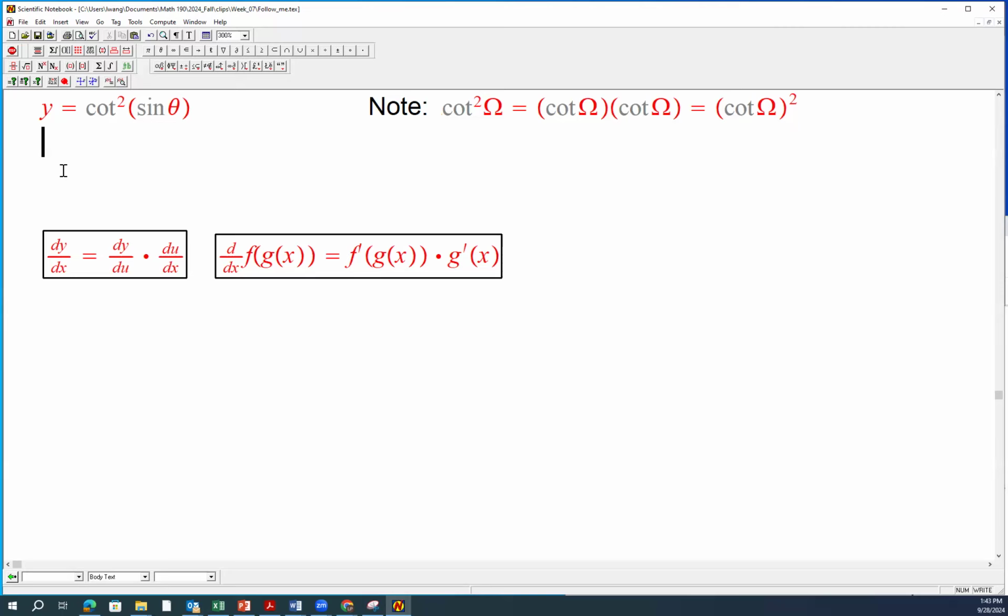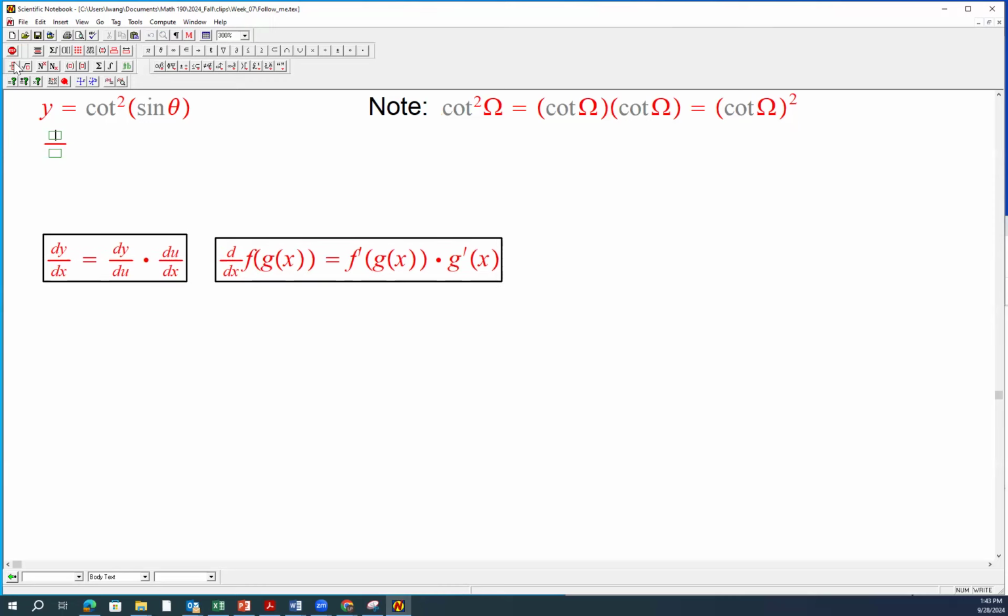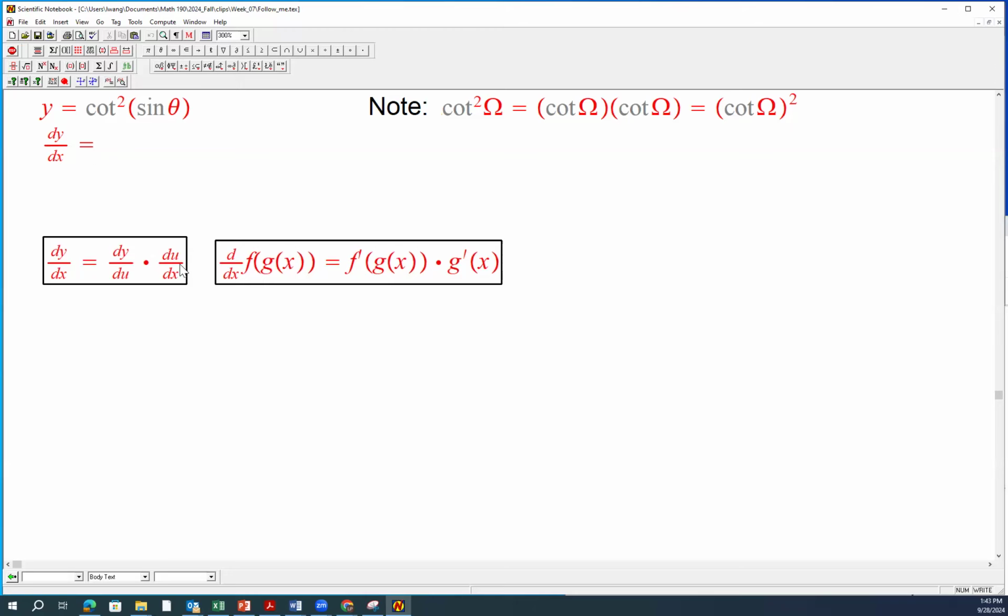So we're differentiating, so we're doing this. The derivative of y, dy dx. The first part is du. So what do we have? The u is really cotangent of sine theta.